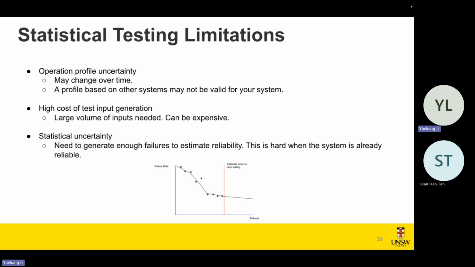So we covered two major topics today. The first one is combinatorial testing, and the second one is when to stop testing. So for combinatorial testing, it is a black box testing technique, right? Because we don't need access to the source code.